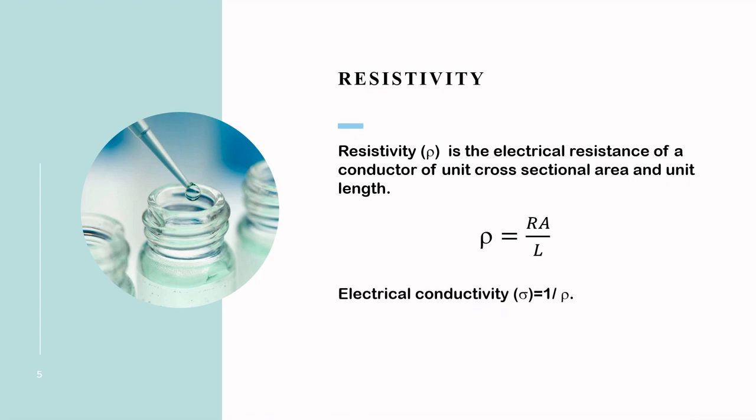The electrical conductivity sigma is 1 by resistivity. So the inverse of resistivity gives the electrical conductivity, and the electrical resistivity rho is equal to 1 by sigma, the inverse of electrical conductivity.